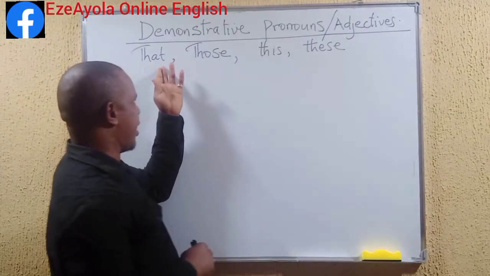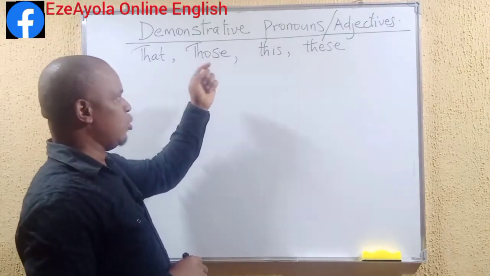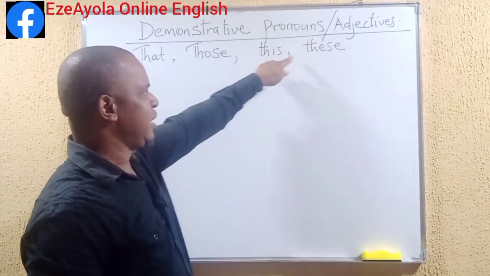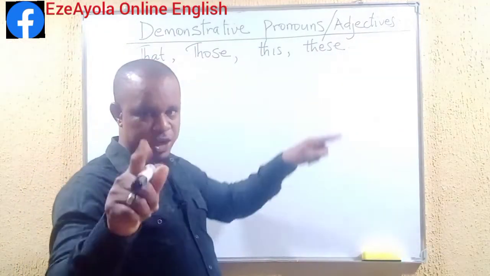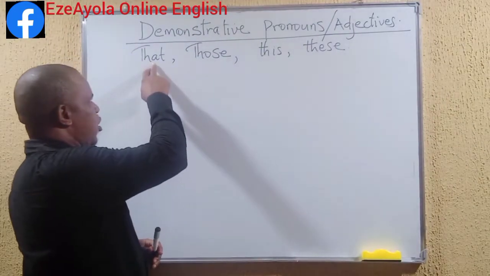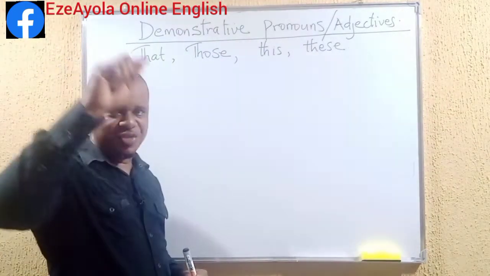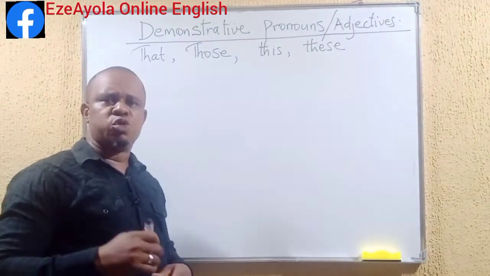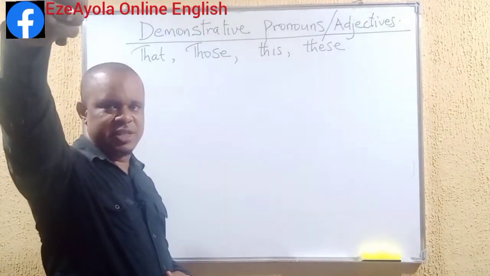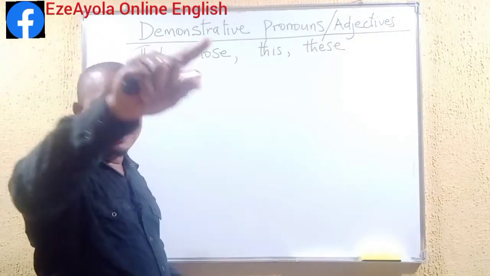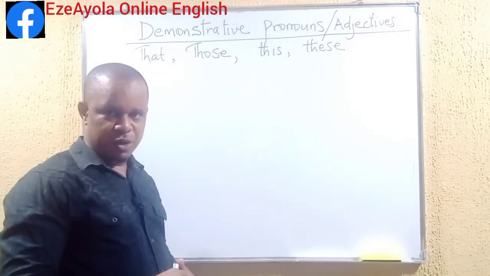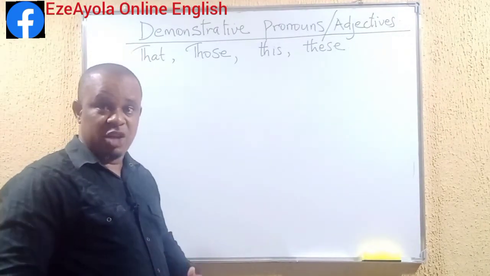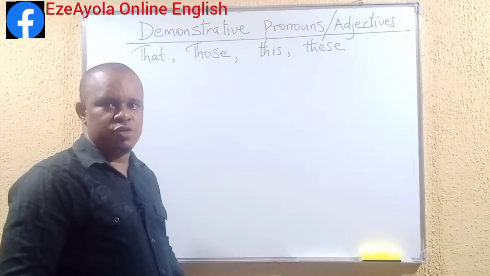Okay, like I said, we have that, those, this, and these. We need to explain. Of course, when we talk about that, it is used to point at objects or things that are very far away, that are not very close.